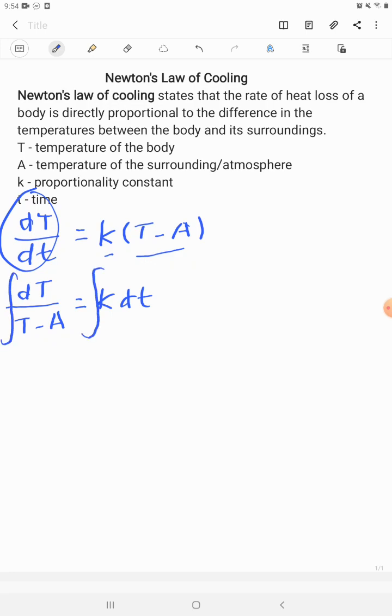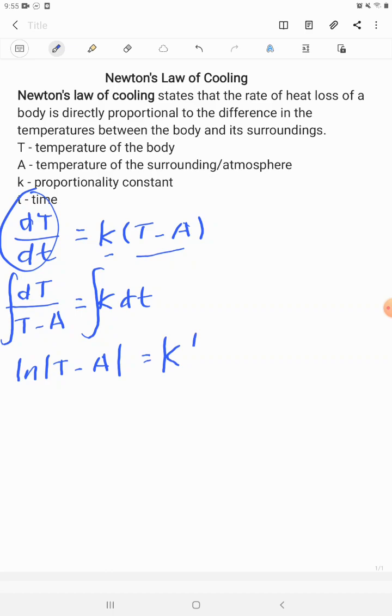So we integrate, and the integral of dT over T minus A is, of course, we know, ln of T minus A. Since k is a constant, we can take it out of the integral sign, and then we integrate dt.